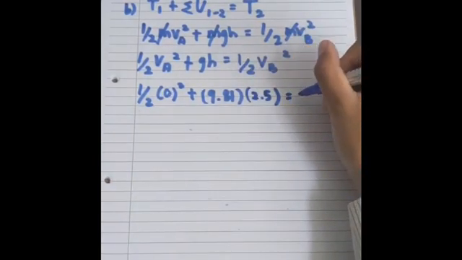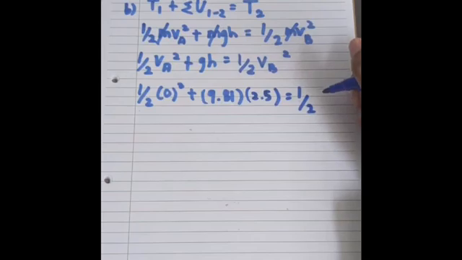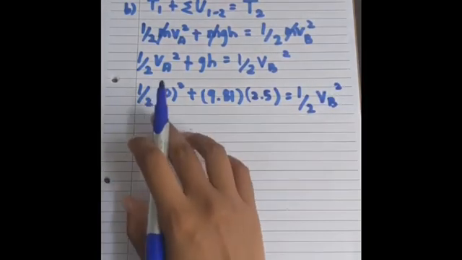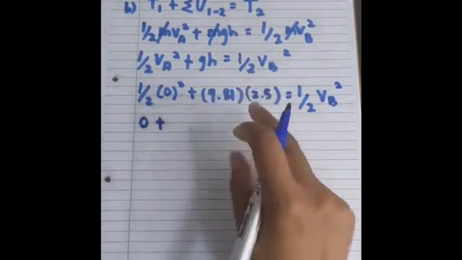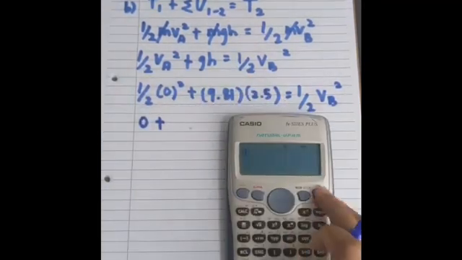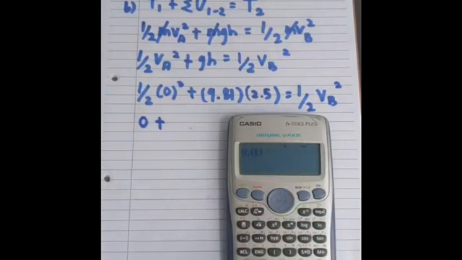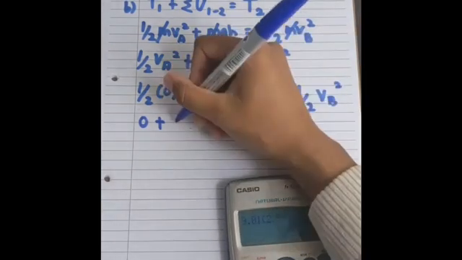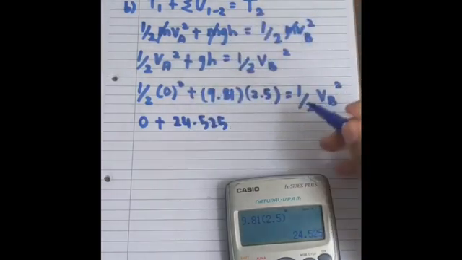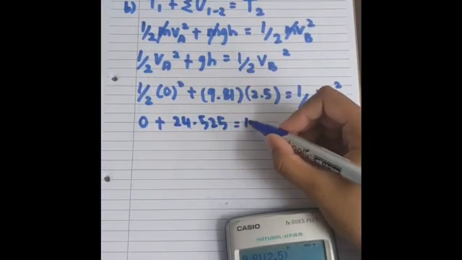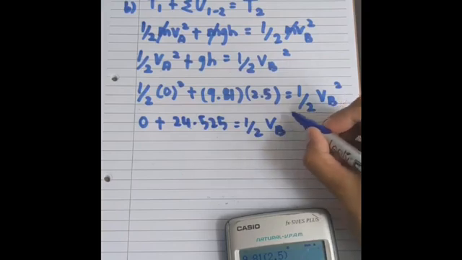So for 1/2 VB squared, we need to find it. The first term becomes 0. Then we calculate 9.81 times 2.5, which equals 24.525. This is 1/2 VB squared.